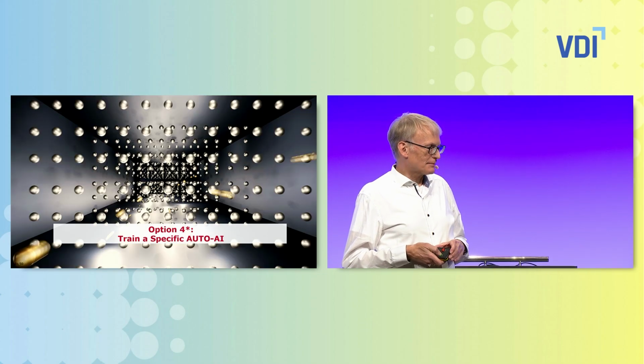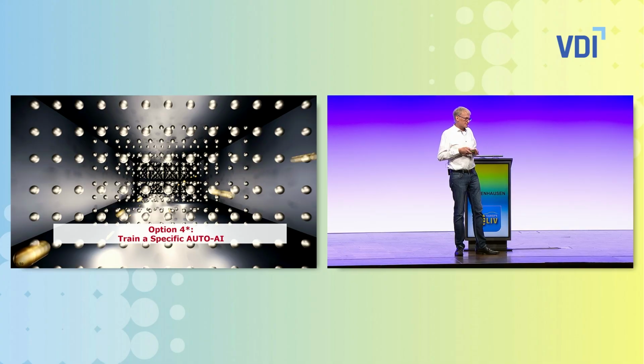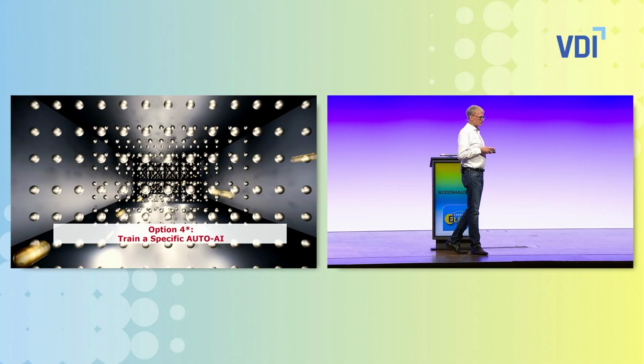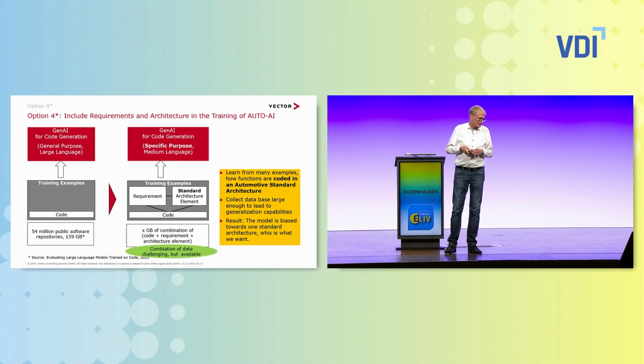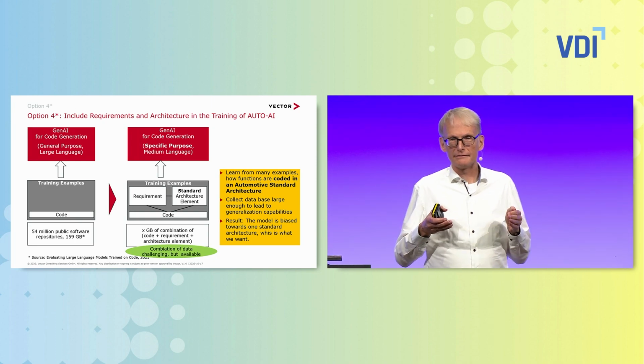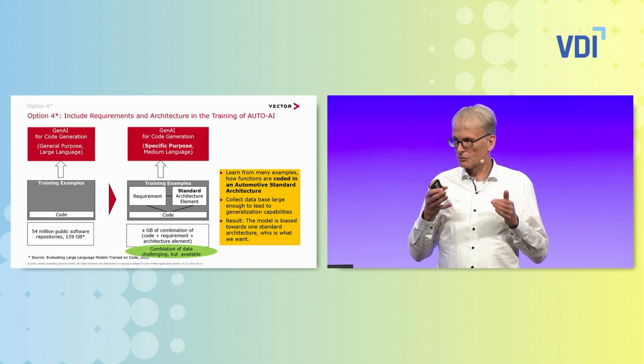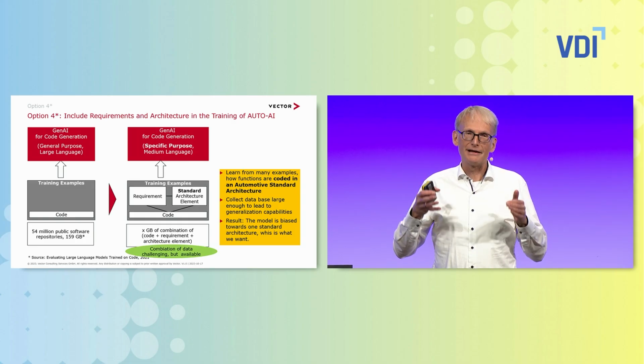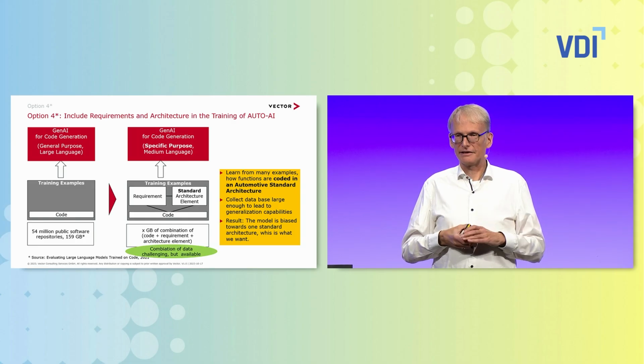So this is why I come to the proposal and my preferred option: train a specific auto AI, where we say, okay, we have our automotive domain, and in our automotive domain, we have, let's say, one standard architecture.